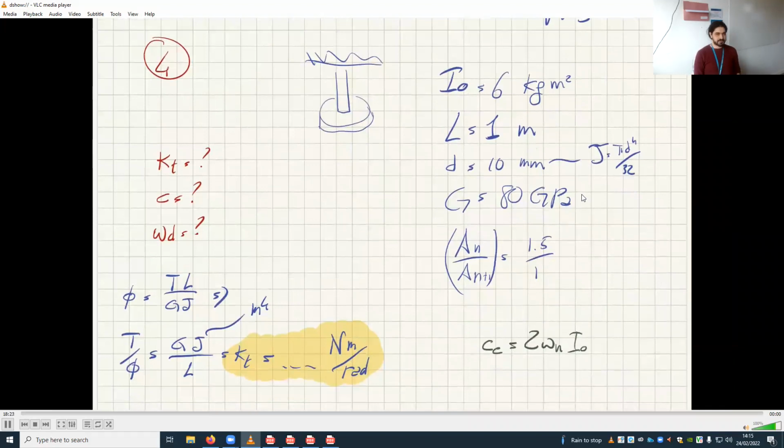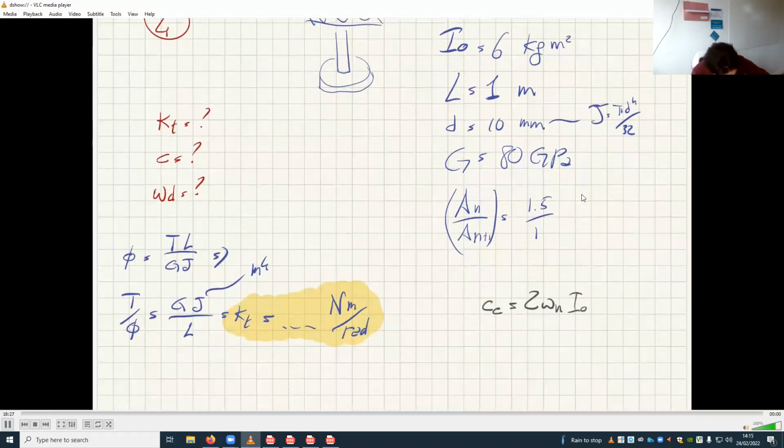Just swap it. And what is omega n? We know that this should be root of k over m, but that would be the translational omega n. We have a rotational omega n, which would be the rotational equivalent of the stiffness, the torsional stiffness, over the rotational equivalent of the mass, the polar moment of inertia.